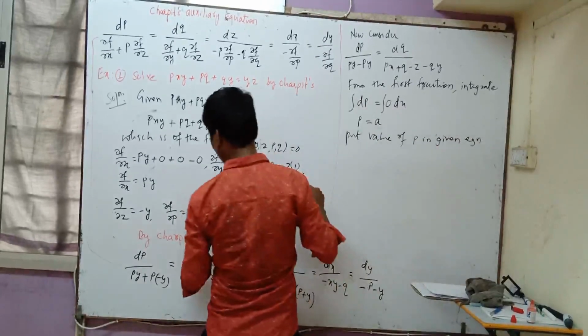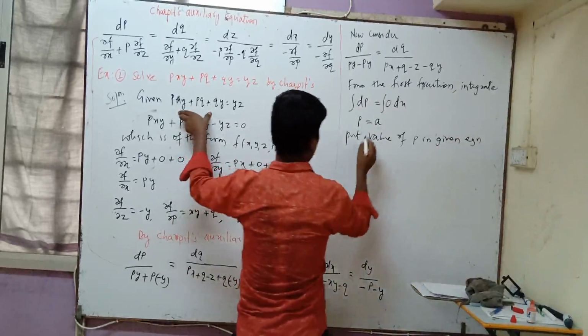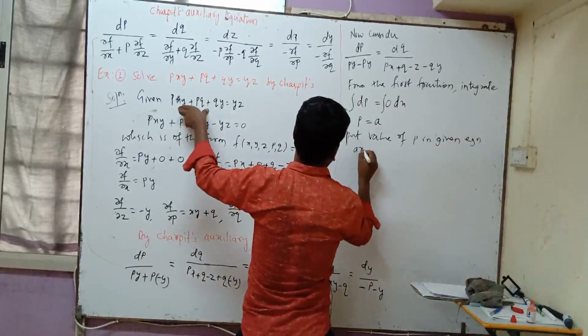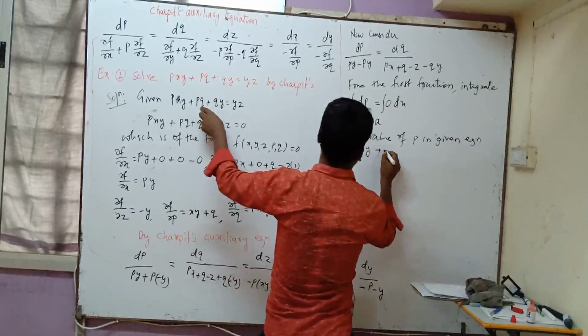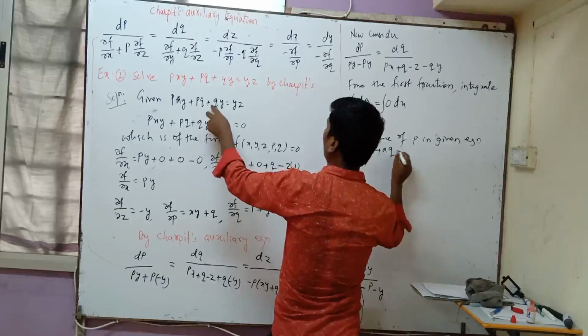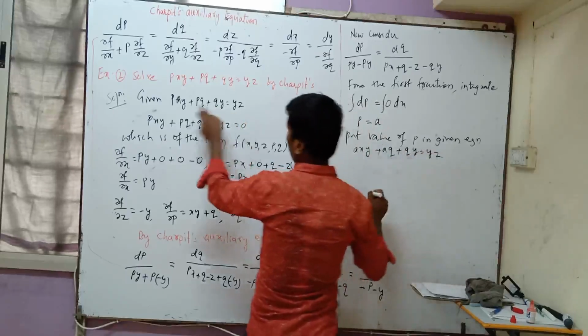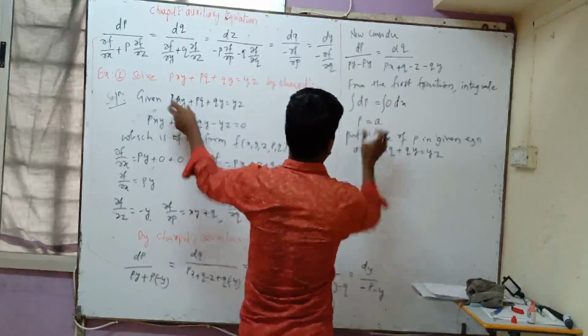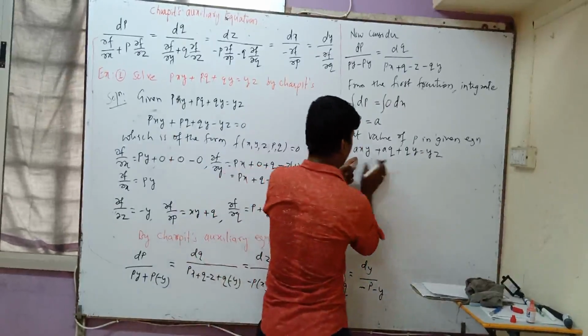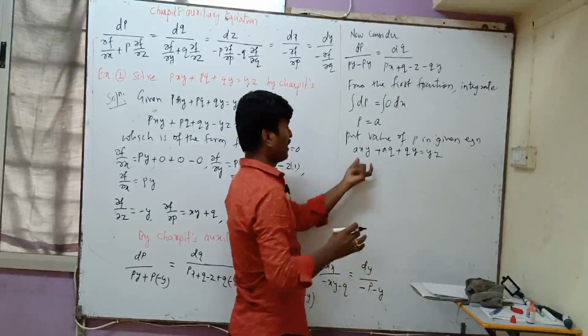put the value of p in the given equation. Substituting p = a, we get axy + aq + qy = yz. Now I need to find the value of q.